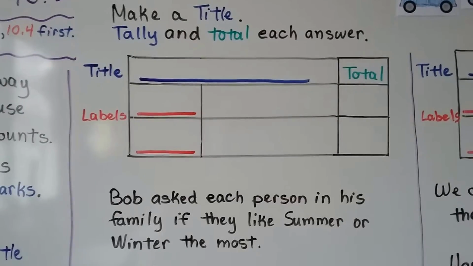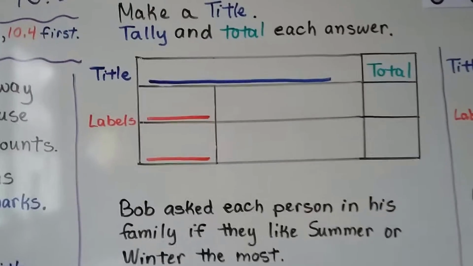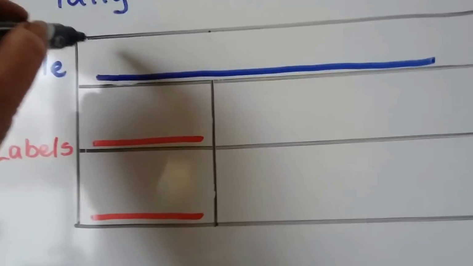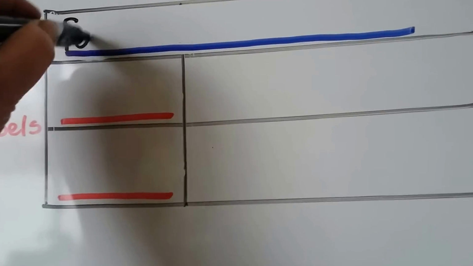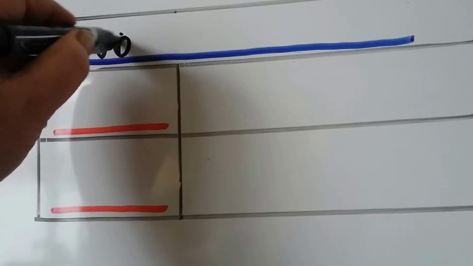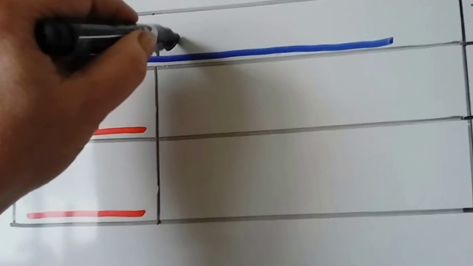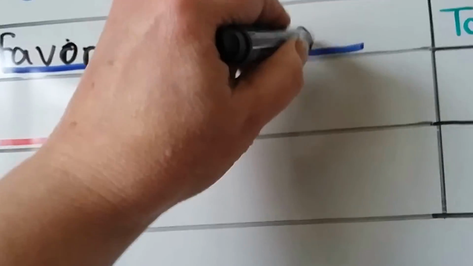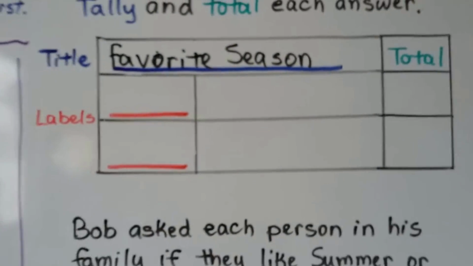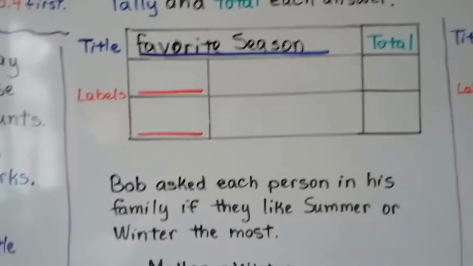We could call this favorite season, or we can call it summer or winter. Anything that would explain what the chart is about.